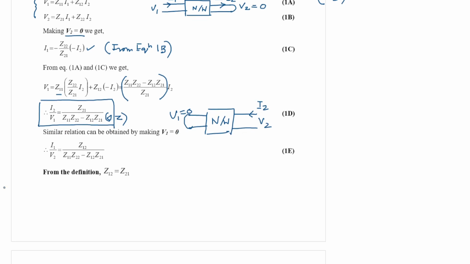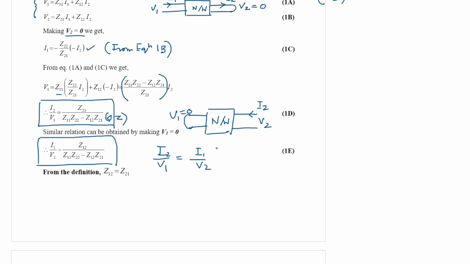So we will get a similar relation, I1 by V2 is equal to Z12 divided by delta Z. As per the reciprocal condition, as per the reciprocal network, you should have I2 by V1 equal to I1 by V2.